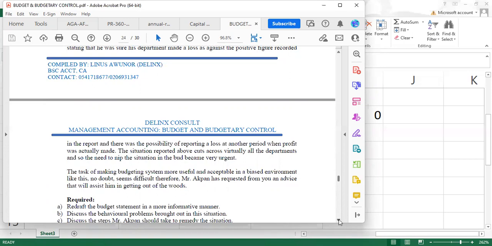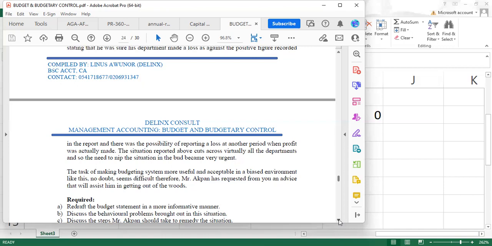The situation reported above cut across virtually all the departments, and so the need to nip the situation in the bud became very urgent. The task of making the budgeting system more useful and acceptable in a biased environment like this, no doubt, seems difficult.